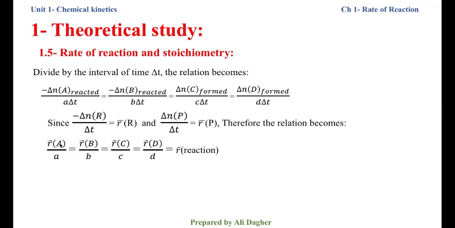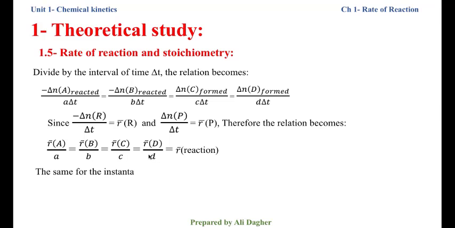Rate of reactant A over a equals rate of reactant B over b equals rate of product C over c equals rate of product D over d equals the rate of the reaction. Then the rate of the reaction is the rate of reactant or product divided by its stoichiometric coefficient.